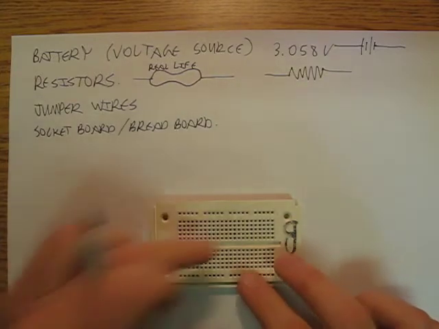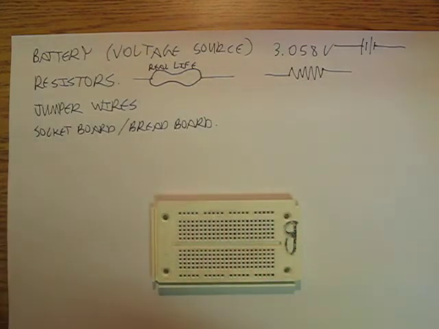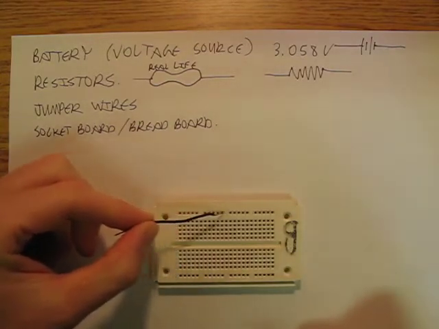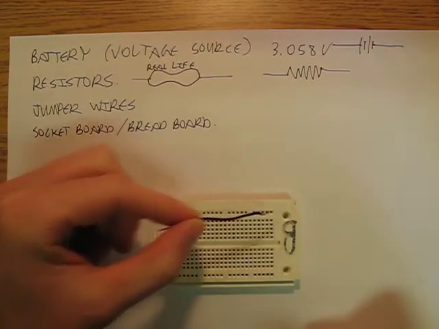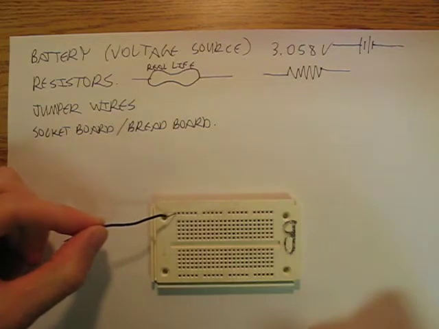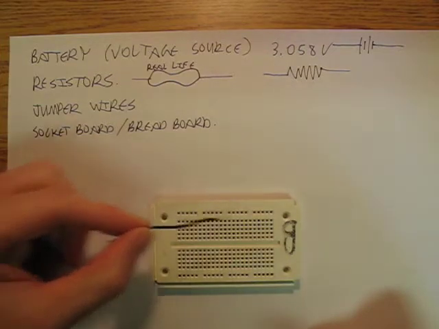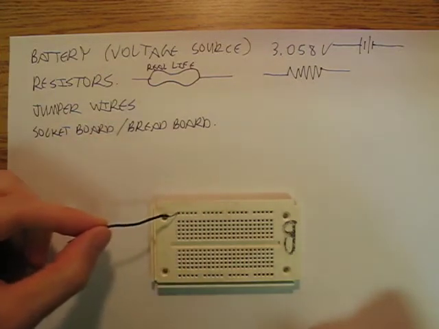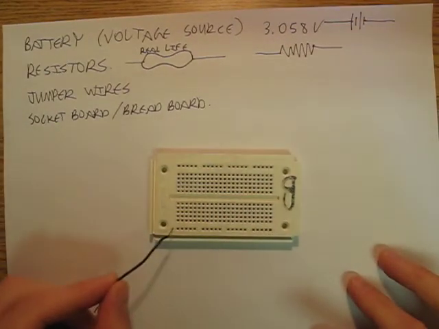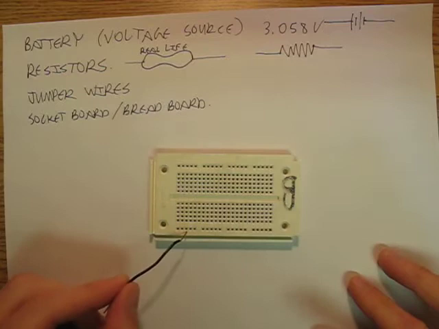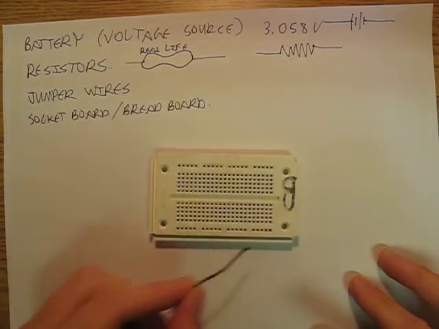Okay, so I'm not going to try to draw this because I've got it right here. Everything in this line is connected underneath. So this is one wire with 20 different ways for you to hook into that wire. This, on the other side, is another wire with 20 different ways to connect into that wire.